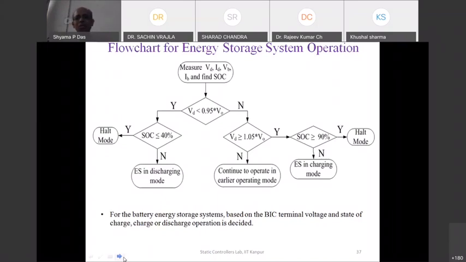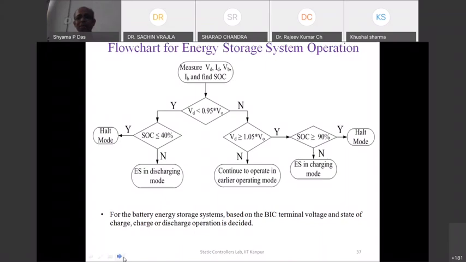Think of a situation where the load is almost zero, and we have bright sunshine, a lot of solar energy is available, and the battery is fully charged, but the load is not there. So what do we have to do? The voltage is gradually increasing, so we have to shut down the microgrid. Otherwise, we will exceed 105% of the rated voltage.